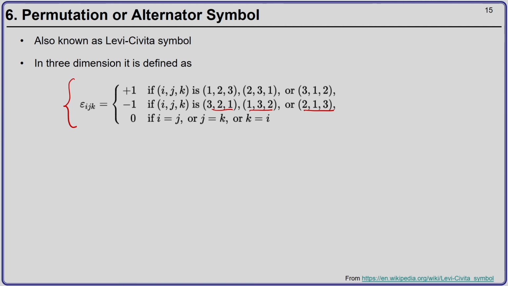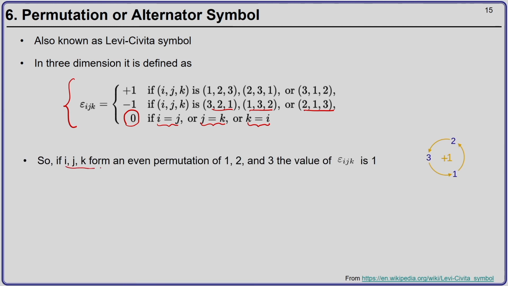For all other values of i, j, k, if i is equal to j, or j is equal to k, or k is equal to i, if any index is the same as another index, then the value of this permutation symbol is 0.